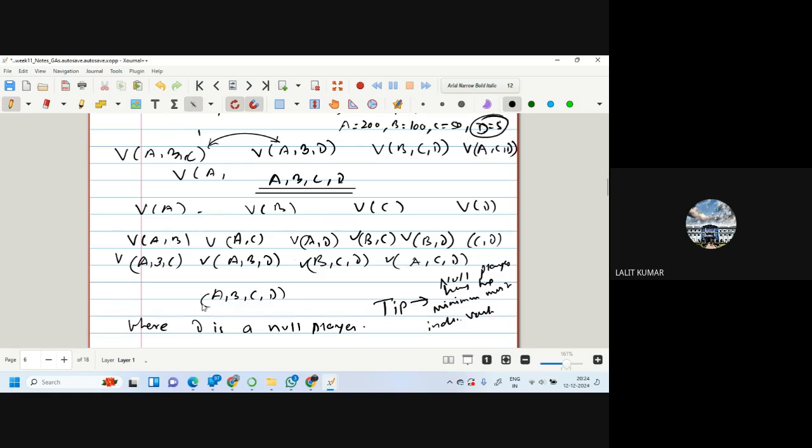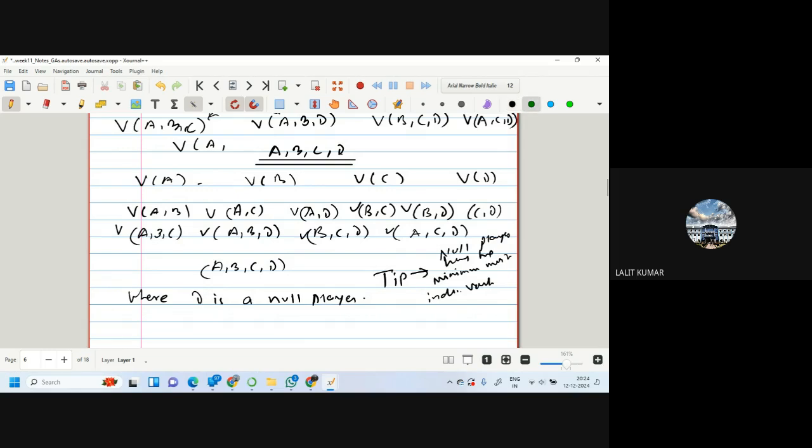And what I will do, I'll identify all the coalitions where this D is available. So here it is available, here it is available. I will strike off D and check whether the ABC value remains the same. Yes. So D might be a null member. Then I go to this case.